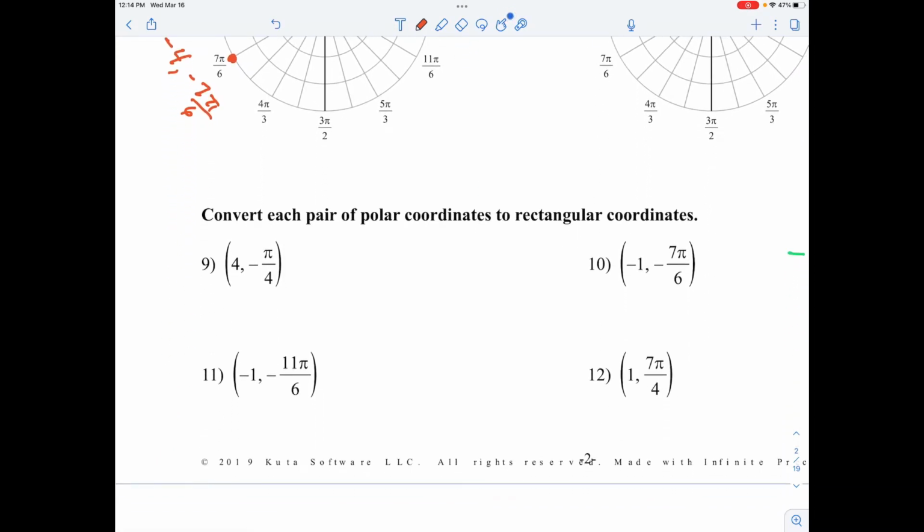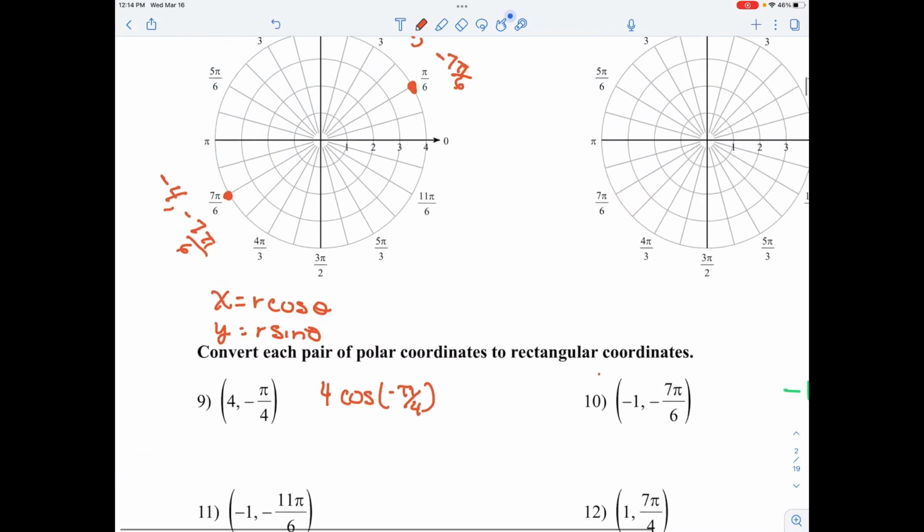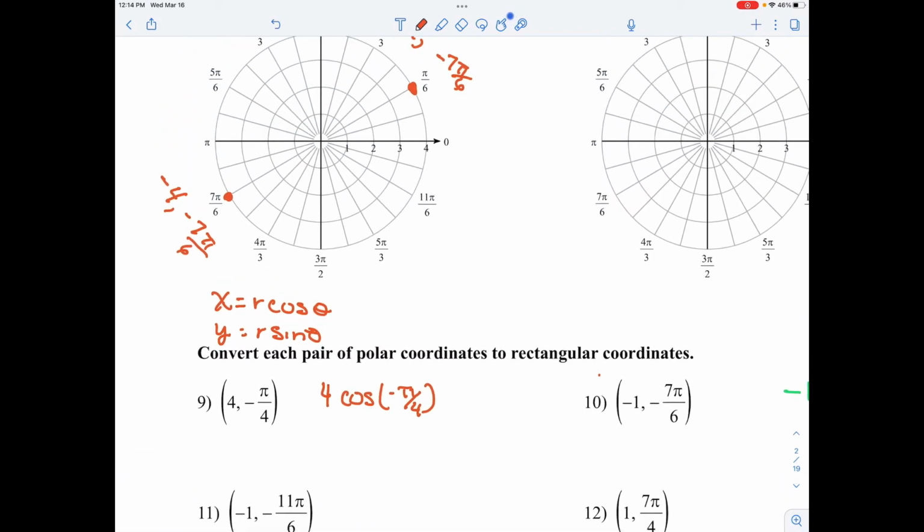All right. Converting each polar coordinate to rectangular coordinates, this is polar to rectangular. That requires that we remember that x is equal to r cosine theta and y is equal to r sine theta. So we have r is 4, so this is going to be 4 cosine negative pi over 4. What I told my students today was that I start with negative pi over 4 since this is in the unit circle.